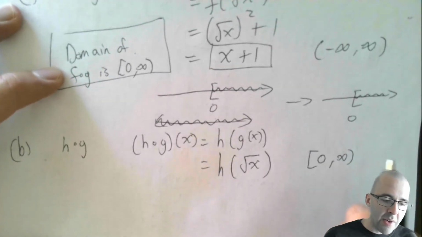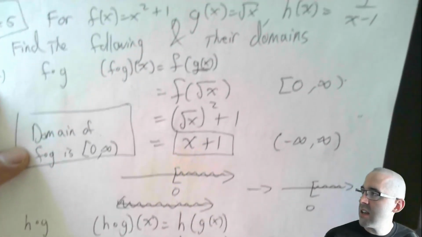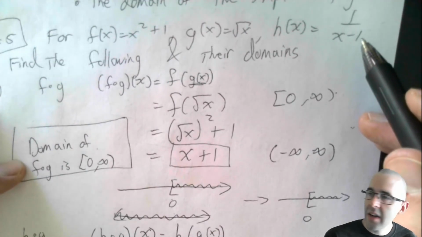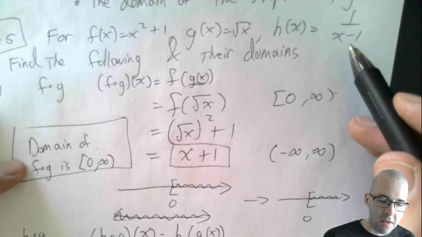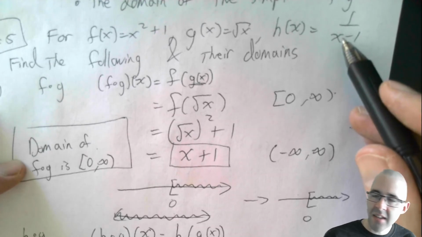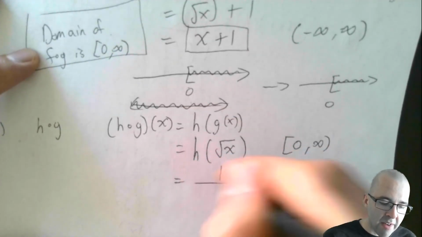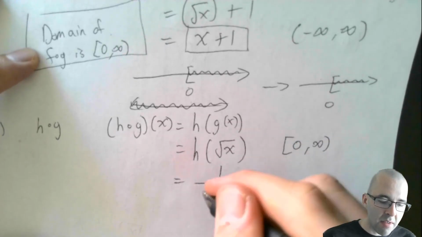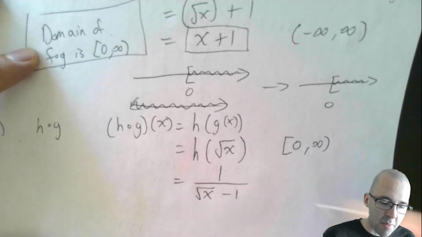Okay. Now we plug that into h. What is h? 1 divided by x minus 1. Replace all the x's with what we have on the inside. So instead of 1 divided by x minus 1, it's going to be 1 divided by the square root of x minus 1.